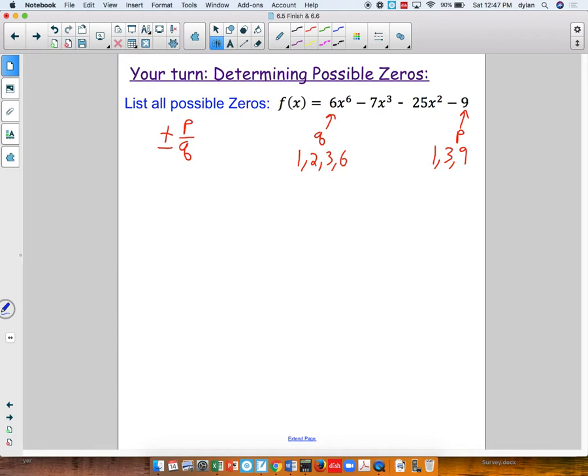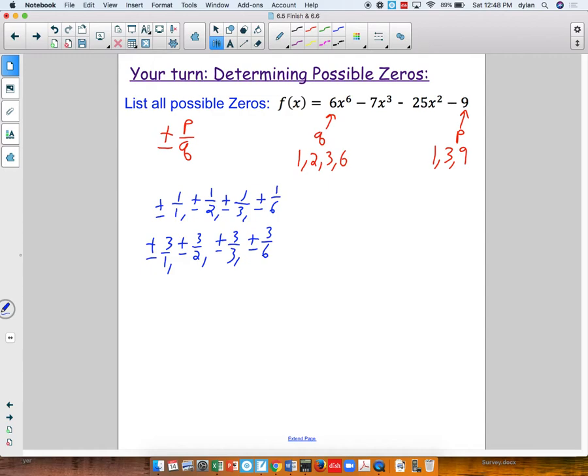So let's see if we can make a list here. We've got plus or minus 1 over 1, plus or minus 1 over 2, plus or minus 1 over 3, and plus or minus 1 over 6. And then we've got the same thing here for the 3. So again, plus or minus 3 over 1, plus or minus 3 over 2, plus or minus 3 over 3, and plus or minus 3 over 6.